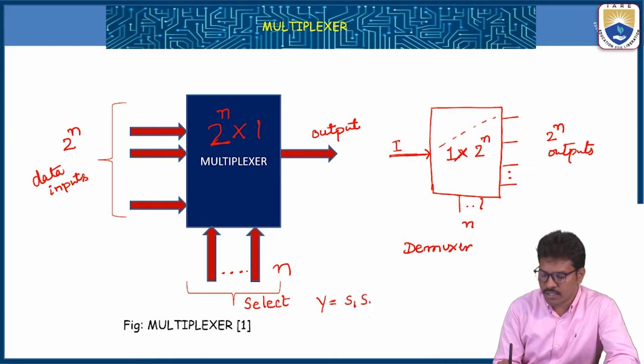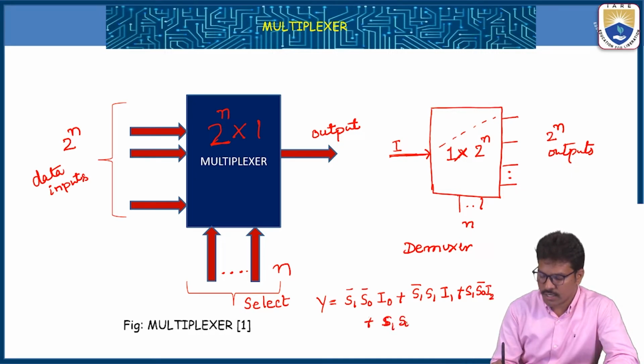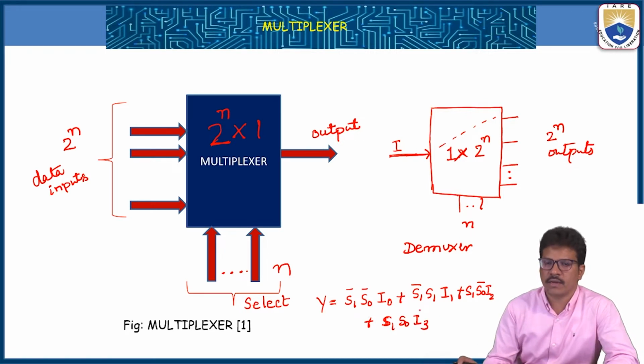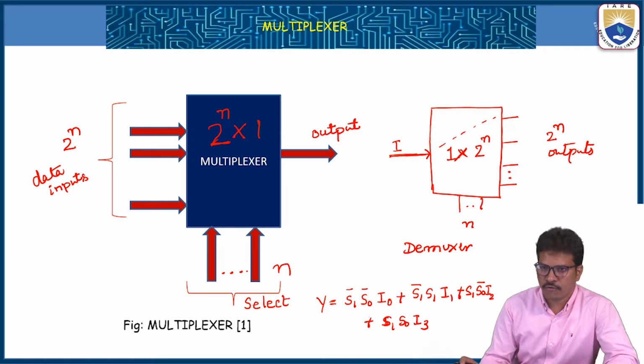The expression is: S1 bar S0 bar I0, if true then I0 is selected, plus S1 bar S0 I1, plus S1 S0 bar I2, plus, when both are 1, S1 S0 I3. Like that we can have a Boolean equation for the 4 by 1 multiplexer.